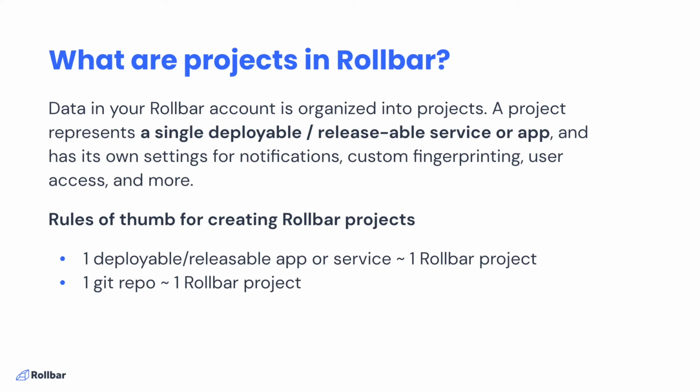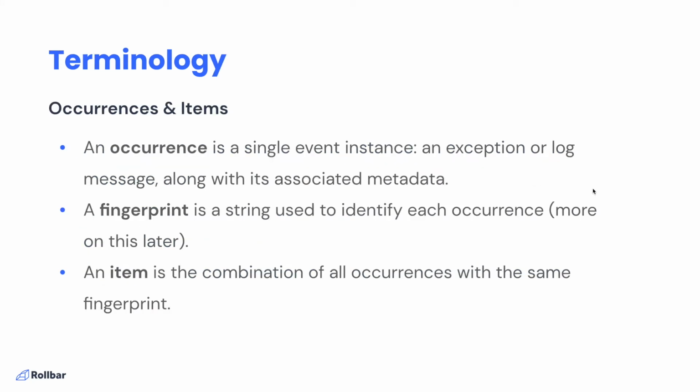So we'll see different project setups. If you do have a monolithic code base, you may just have one, but typically we see multiple projects, and the comprehensive view across those is something you can use in Rollbar, or choose to split that down to the more granular individual views.